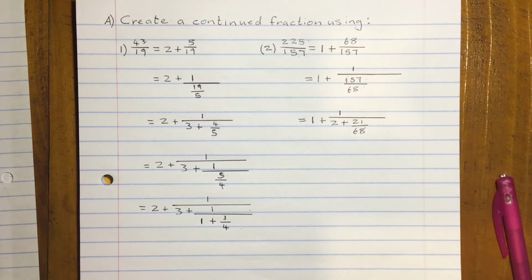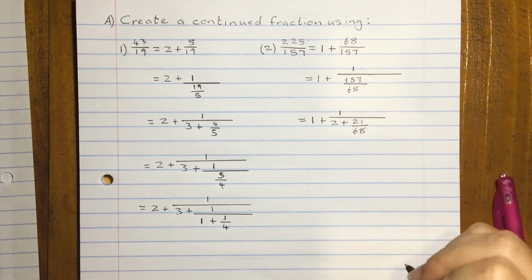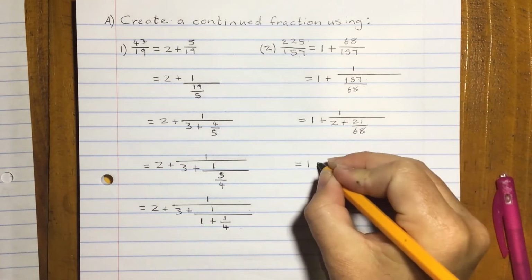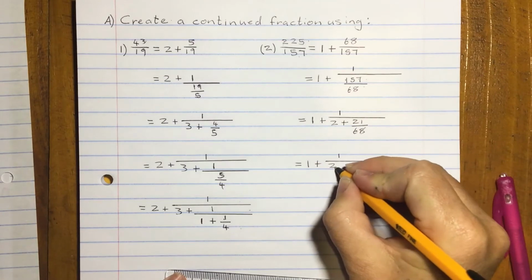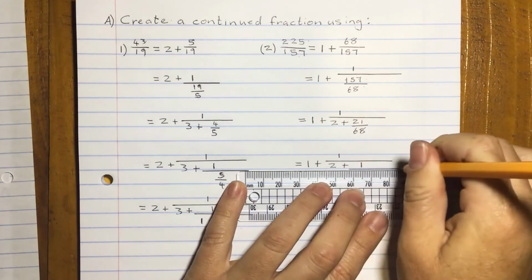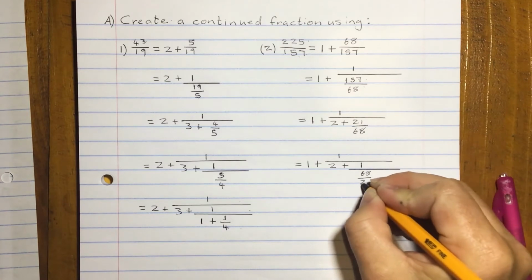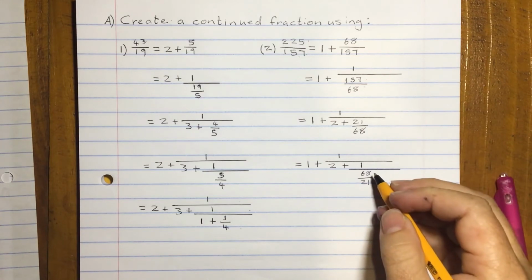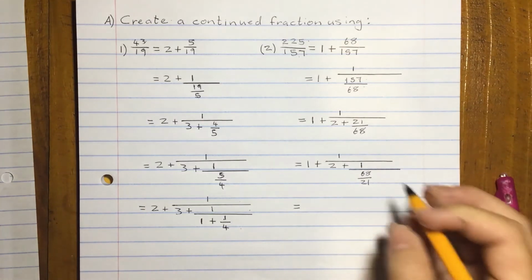Can we continue this fraction further? Of course. If we flip over 68 over 21, we can see we will get another improper fraction. So let's continue further. 1 plus, and you put 68 over 21 into your calculator, push equals, Shift SD, and that will give you the following.